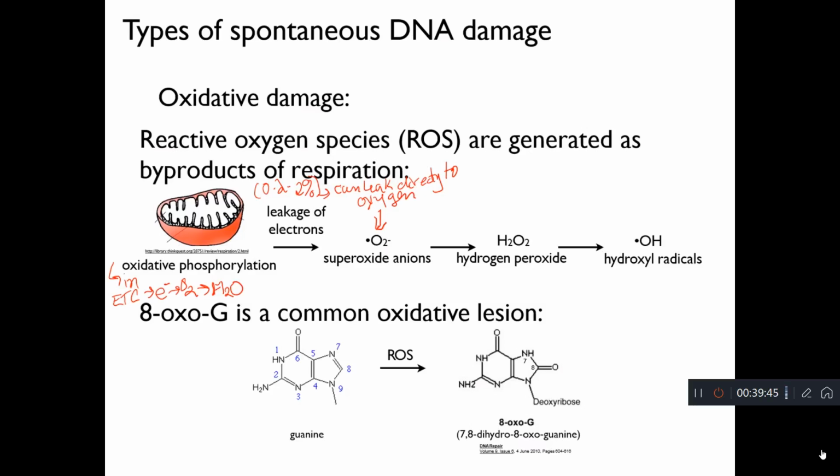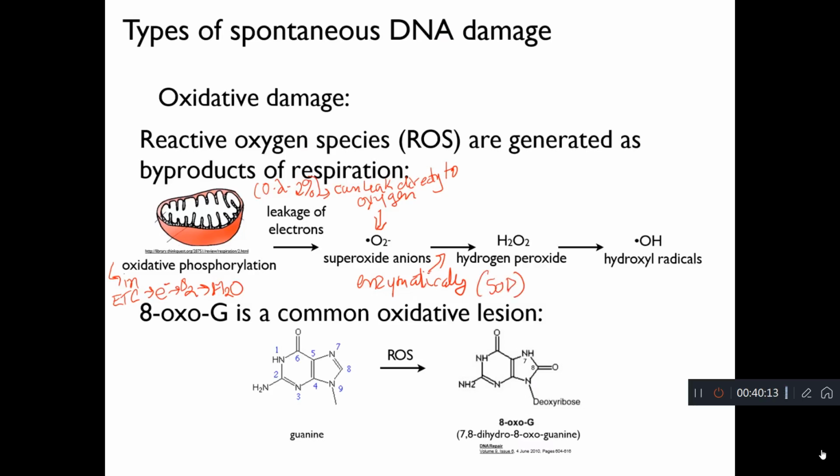So these superoxide anions are converted to hydrogen peroxide, and typically this is done enzymatically. There's an enzyme called superoxide dismutase, SOD, that catalyzes this reaction.